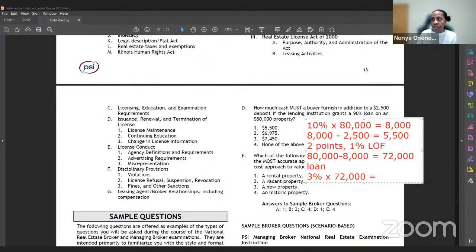And let's do the math for that. 72,000 times 3% is 2,160. So then we add 5,500 to this, and that gives us 7,660. All right. So if they give you a question similar to this, just again, start from the beginning and kind of break it down into small chunks and then work on it that way.